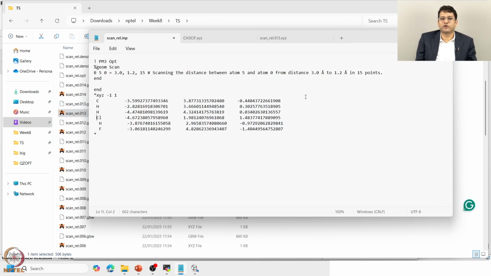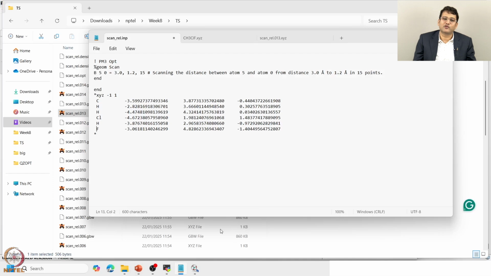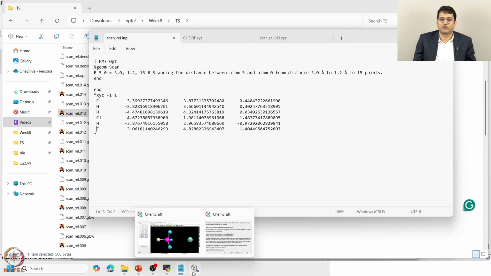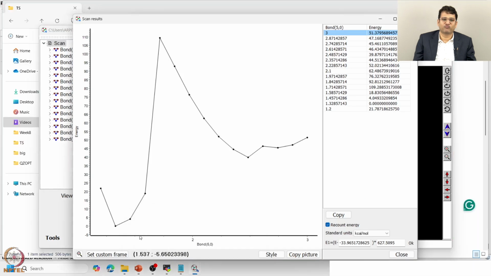So, it is always a good idea, if you do the scanning, to reopen your trajectory and try to see how the scanning is going, because just getting a maxima in the potential energy surface may not be the real transition state. Here we are getting a transition state if you open the optimization 11, but that is not the actual transition state you are looking for. I could have seen it from here also.